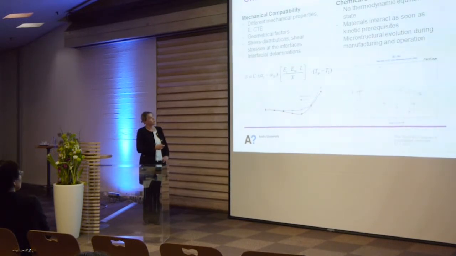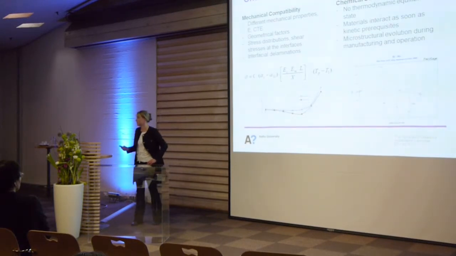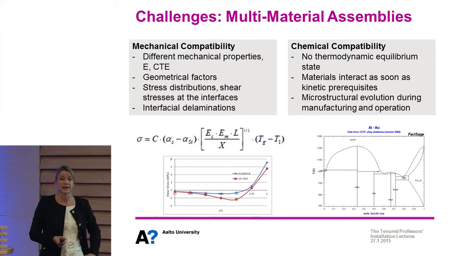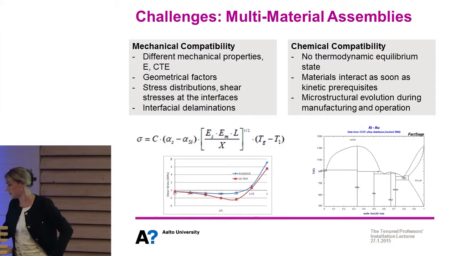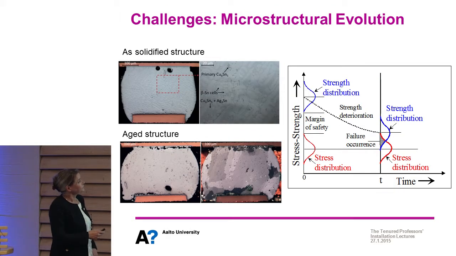And the other problem is that we don't have a thermodynamic equilibrium state because we have these layered structures. So as soon as the kinetic prerequisites are met, reactions will take place, and the structure will change. And how would that look here? For instance, an example: a solder material in the beginning looks like a very nice and fine structure, and after aging, the structure has become very coarse.